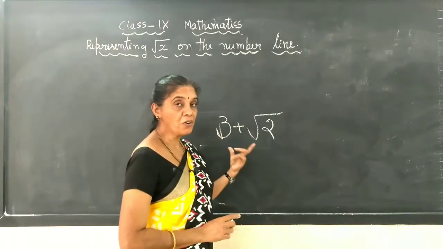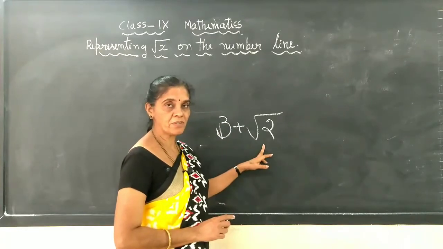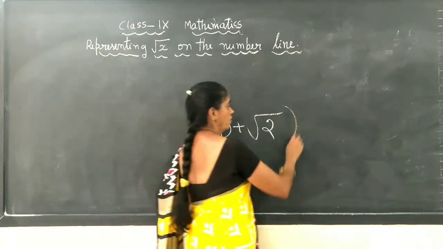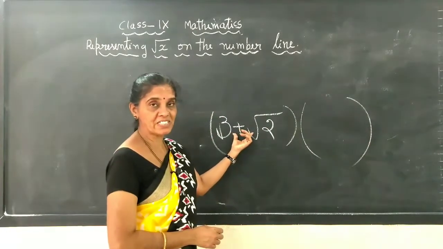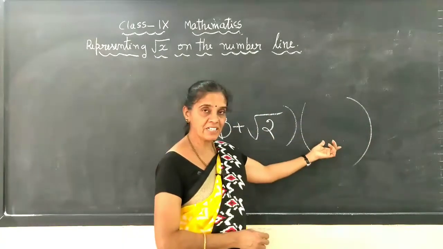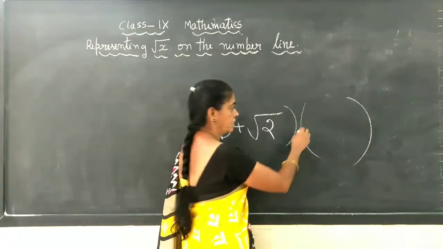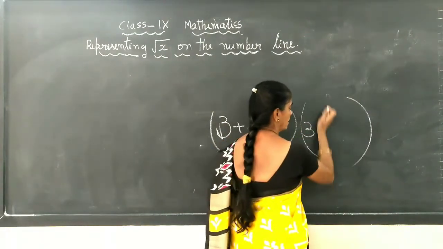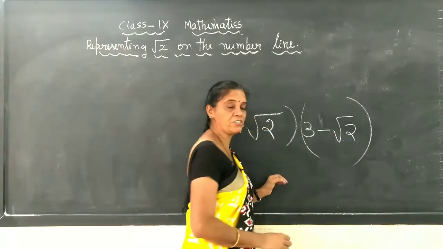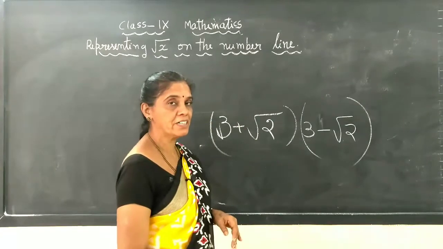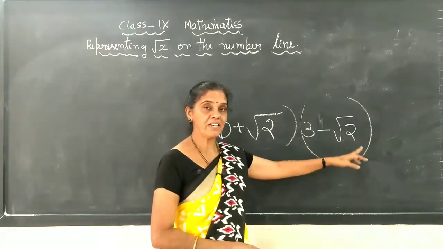Now we have to multiply by the same 2 numbers, but with which sign? If a plus sign is there, we have to take a minus. If a minus is present, we have to take a plus. Here we have to take 3 minus square root 2, and multiply to the denominator as well as the numerator. Then it is in the form of a plus b into a minus b.